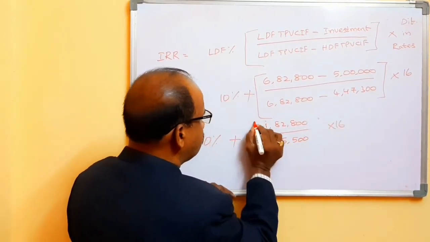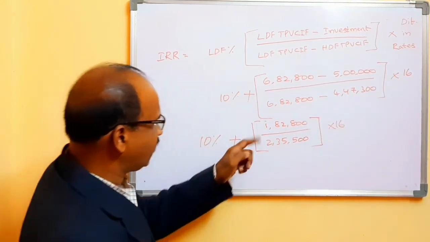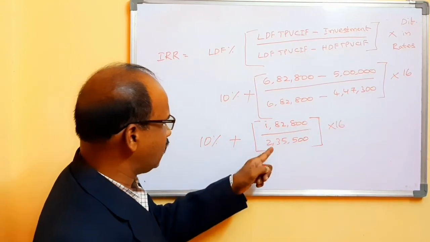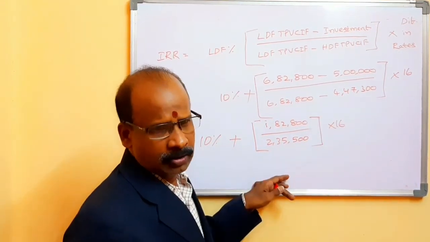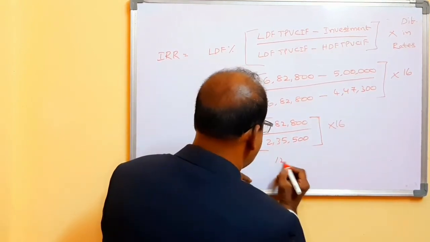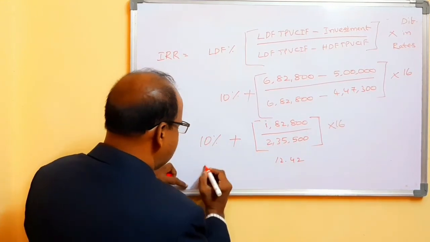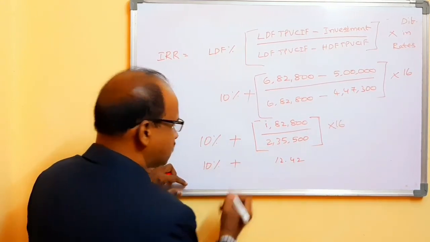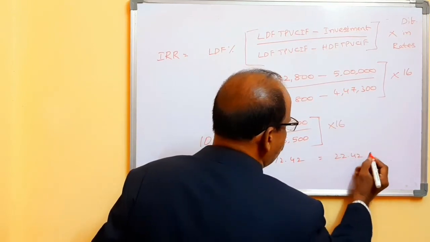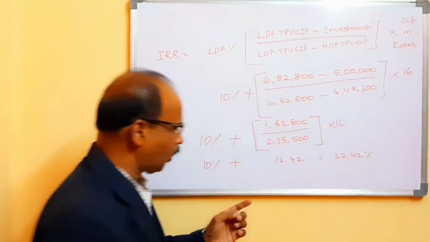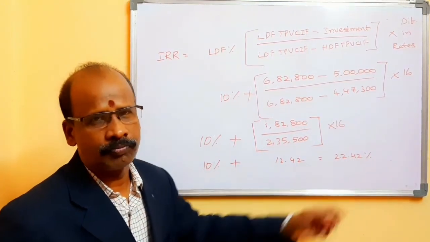Now simplify: 1,82,800 divided by 2,35,500 into 16, we get 12.42. 10% plus 12.42, we get 22.42%. So in this problem, the internal rate of return is 22.42.